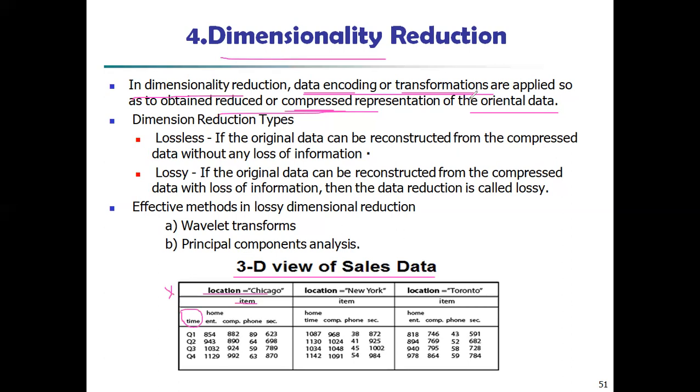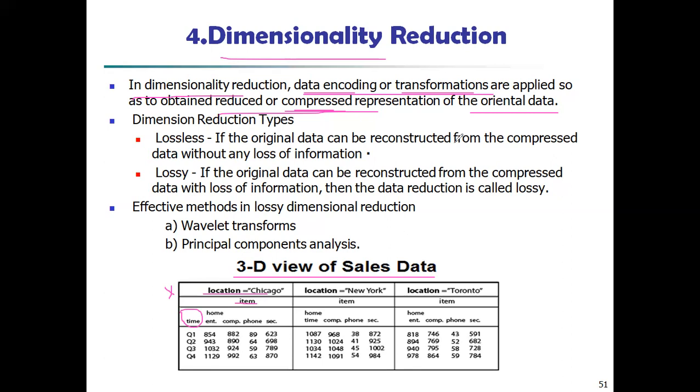Encoding is also a changing of data from one form to another form, right? And also transformation. Till now we have seen the transformation methods. Transformation is also a changing of actual data into another form.